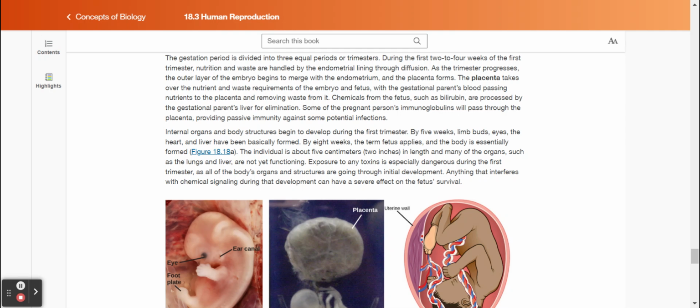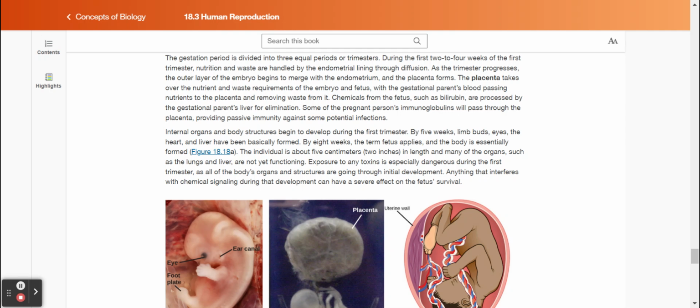The placenta takes over the nutrient and waste requirements of the embryo and fetus, with the gestational parent's blood passing nutrients to the placenta and removing waste from it. Chemicals from the fetus, such as bilirubin, are processed by the gestational parent's liver for elimination. Some of the pregnant person's immunoglobulins will pass through the placenta, providing passive immunity against some potential infections.